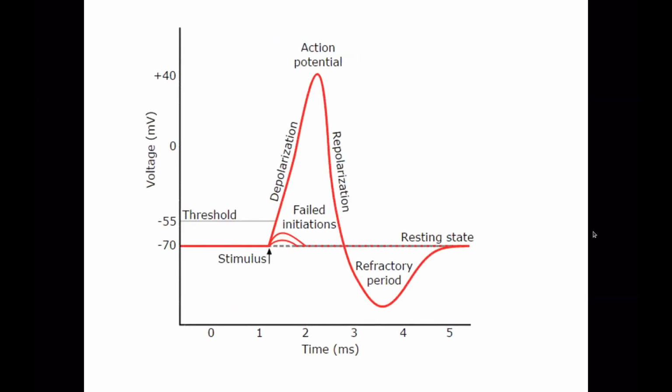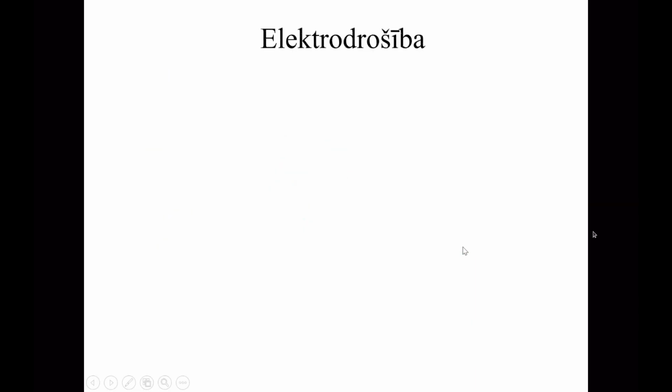In the experiment: minus 70, excitation, activation, repolarization or relaxation, and some process to stabilize, not falling down this way, but falling like this to stabilize. So this is very briefly about the axon activation because of the electrical field.